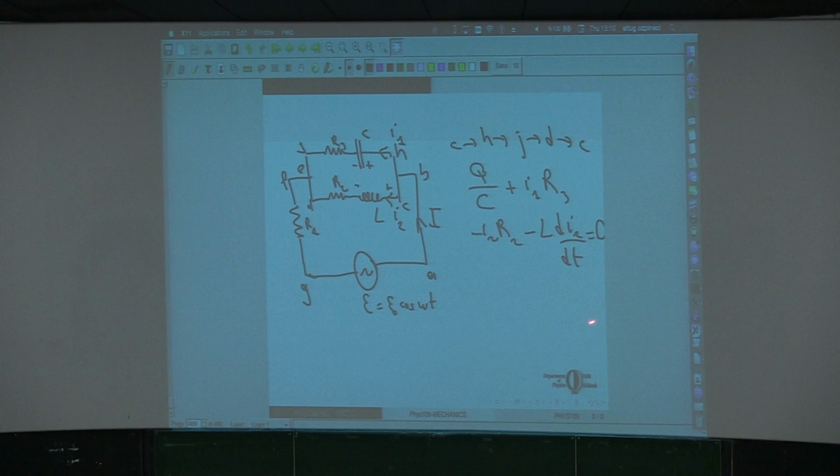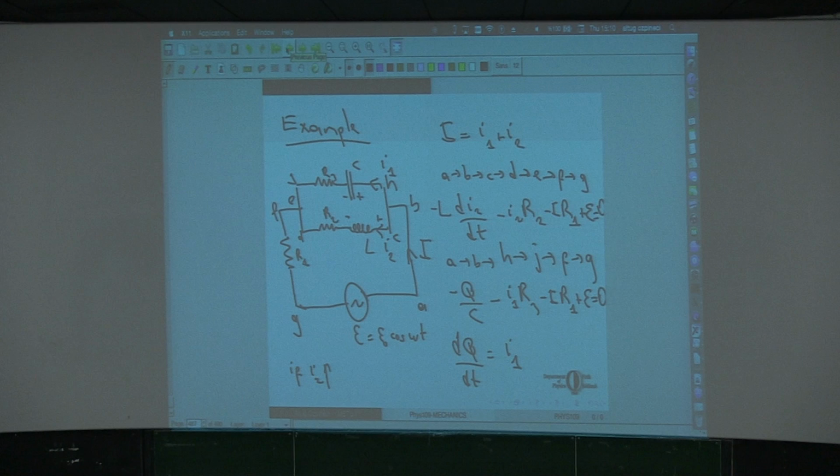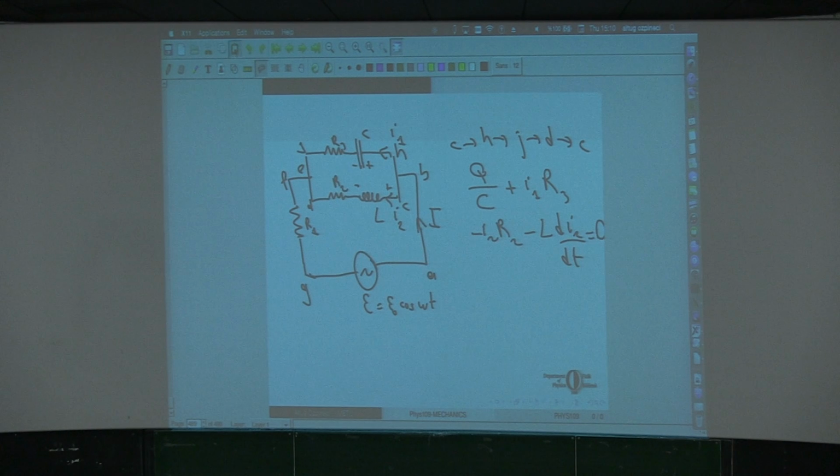Now, in this equation, I'm writing the energy lost. No, that was energy gain. Now, let's look at this equation. Let's remember the other two equations. Let me also take these two equations. This was one equation we had.